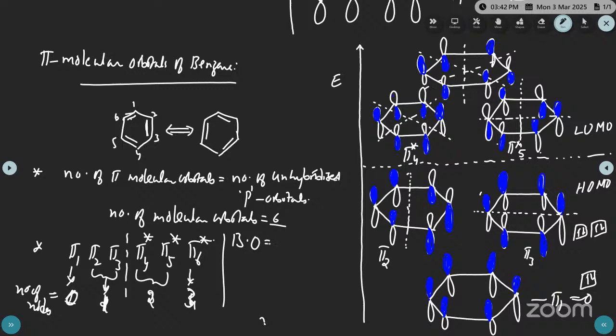The bond order of benzene is, see, 1.5. How does this bond order come for cyclic structures? The bond order is number of resonating bonds by number of resonance structures.